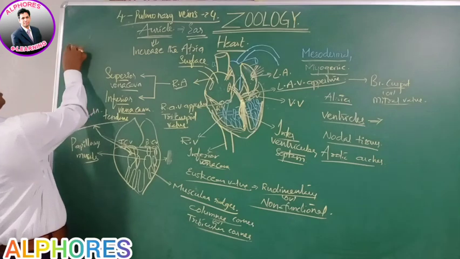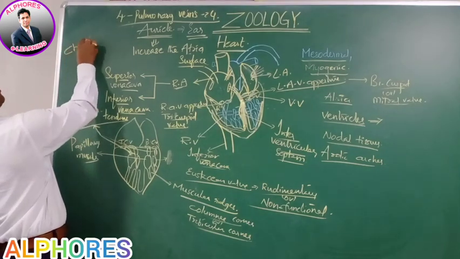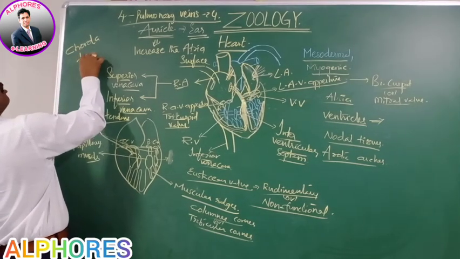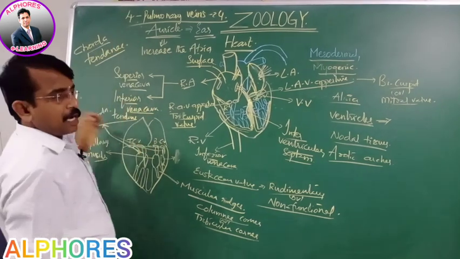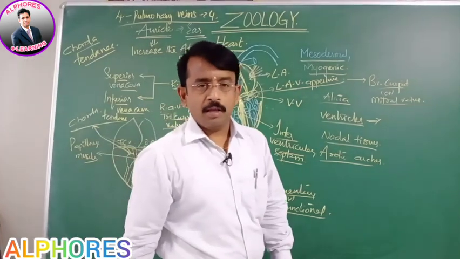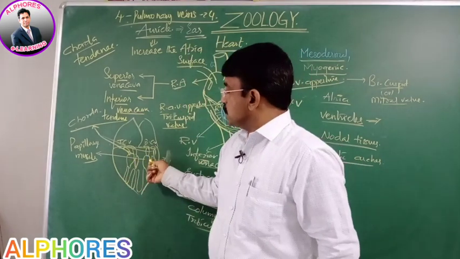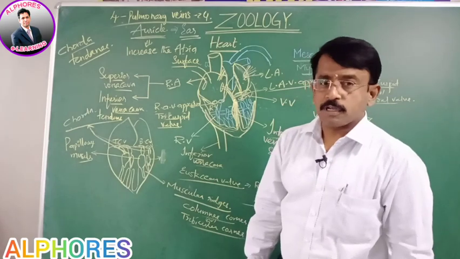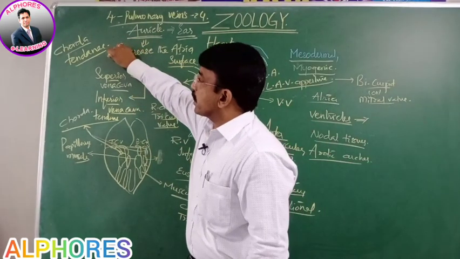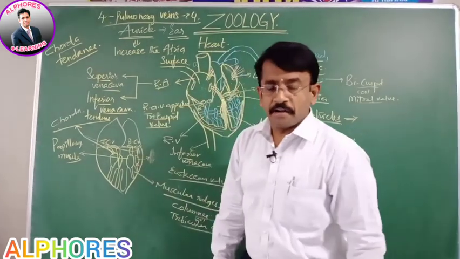I'll write it once again, chordae tendineae, the connections between the papillary muscles and the tricuspid and bicuspid valves.